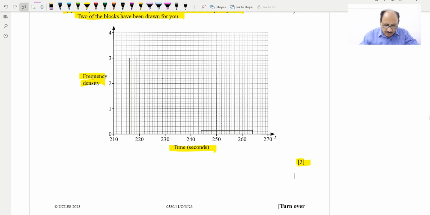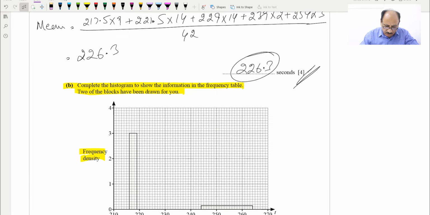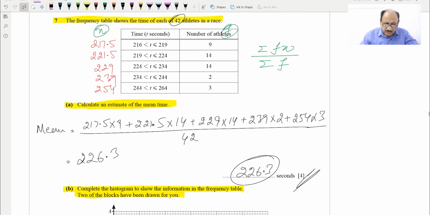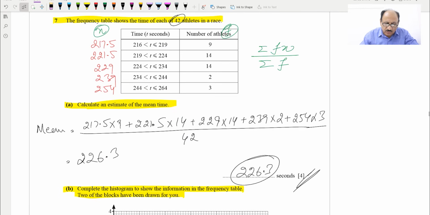First of all, we can check the given bar is from 216 to 219.